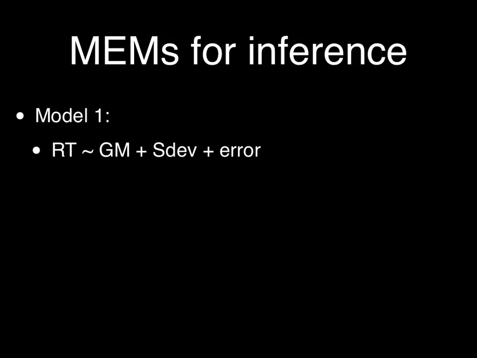So I've talked about this idea of likelihood ratios for inference. How are we going to apply it in the context of mixed effects models? Well, it's pretty simple. We'd establish two models. One model that has, say, one structure. So reaction time is a function of grand mean, plus you account for the variability amongst subjects and their deviation from the grand mean, plus trial by trial error.